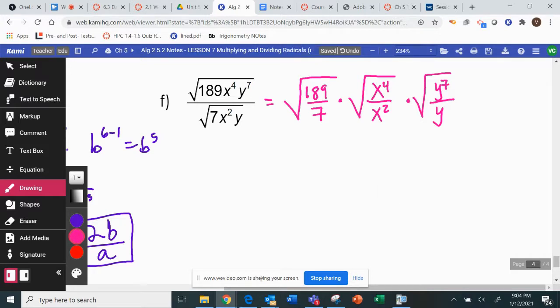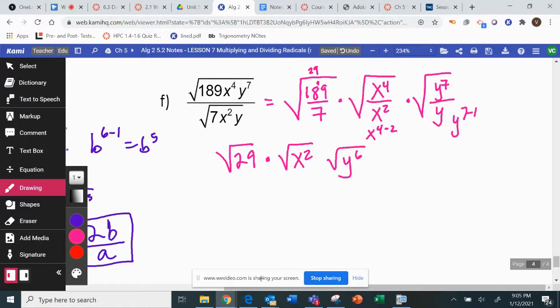So 7 goes into 189, let's see, 27 times. So I get the square root of 27. And then here I'm going to subtract my exponents, 4 minus 2, and I'll get the square root of x squared. And I will subtract my exponents, y to the 7 minus 1. So I'll get the square root of y to the 6.